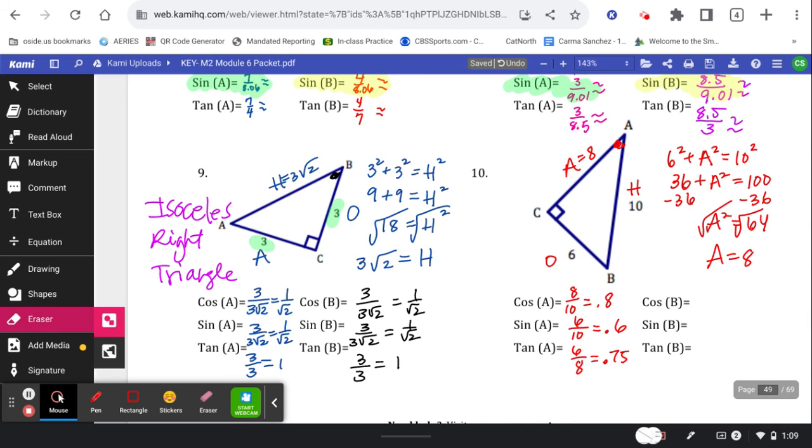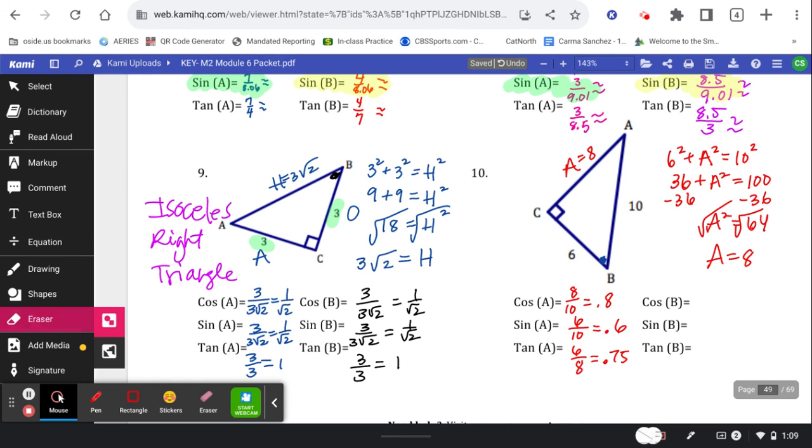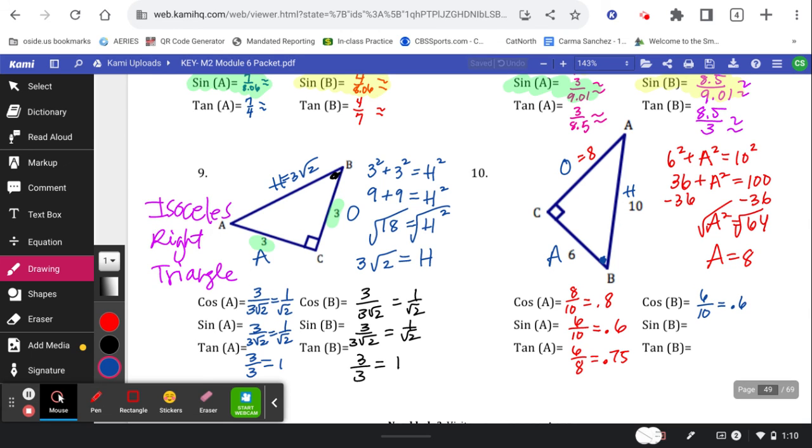Cosine of B, so we're switching reference angles now. Now my opposite is 8, and my adjacent is 6. My hypotenuse is still 10. So cosine of B is adjacent over hypotenuse. Sine of B is opposite over hypotenuse. And tangent of B is opposite over adjacent.